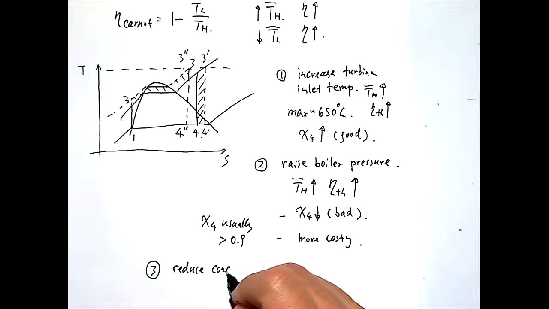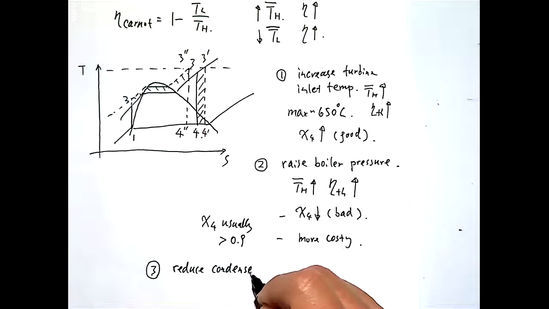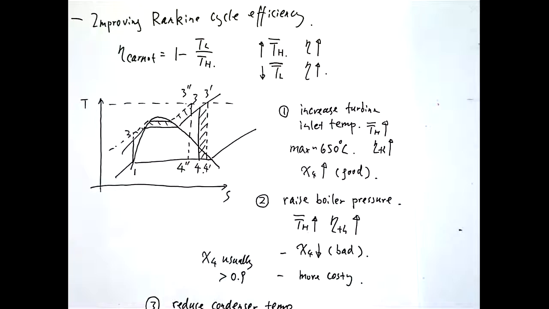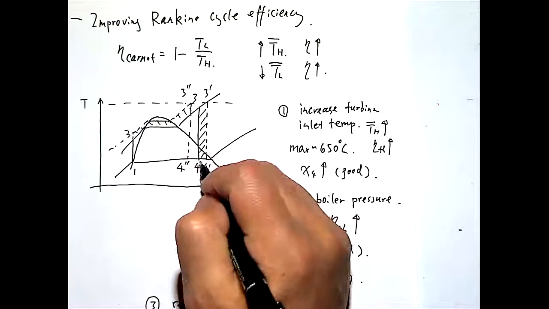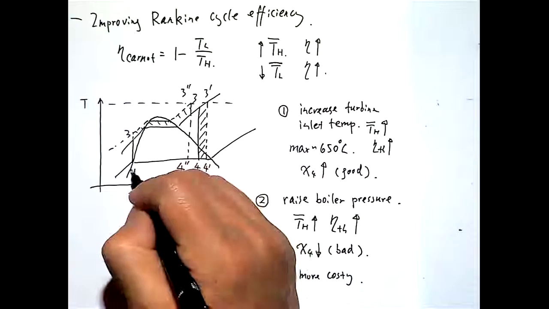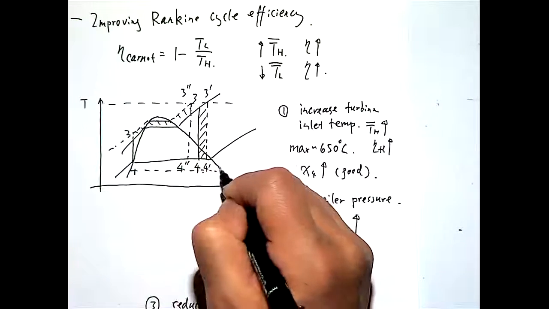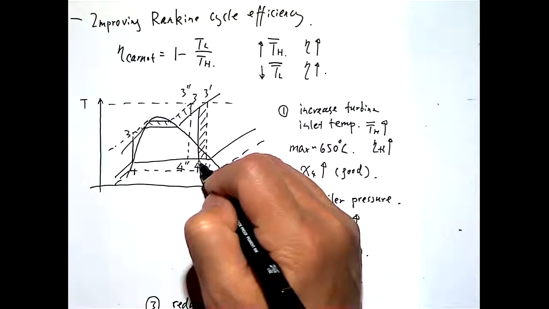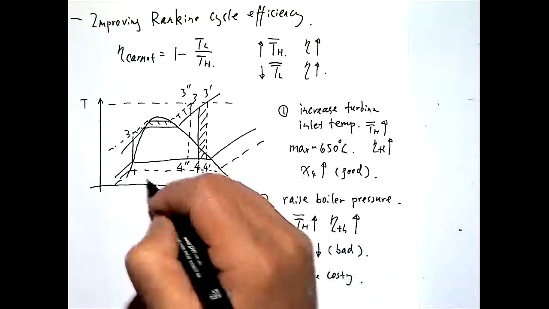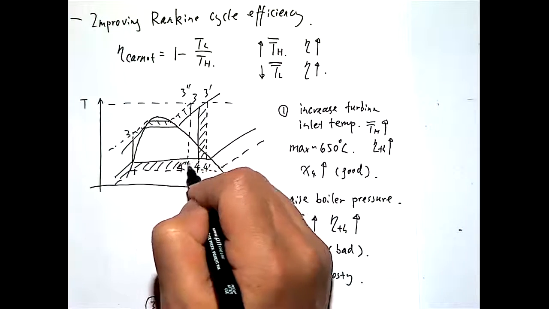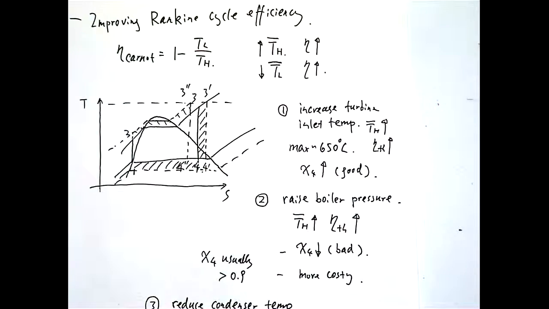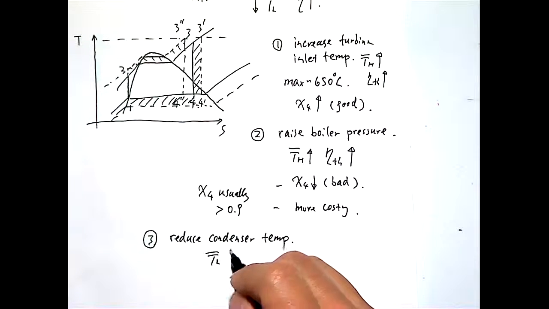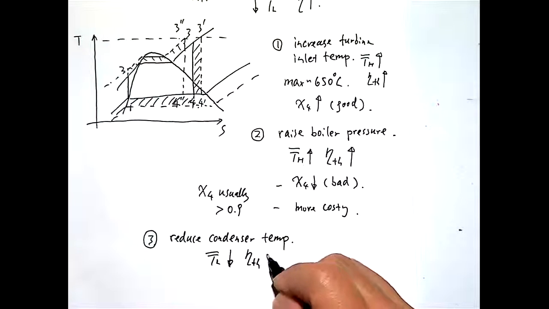Reduce condenser temperature. So in this case, in terms of the TS diagram, what you have is a lower pressure line and you allow the turbine to expand further down to that line. So in this case, the average heat rejection temperature drops and the efficiency can increase as well.